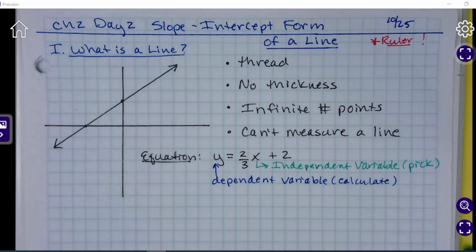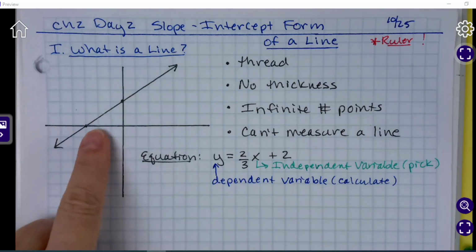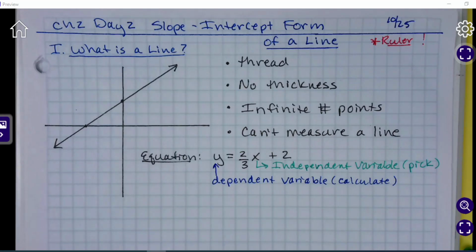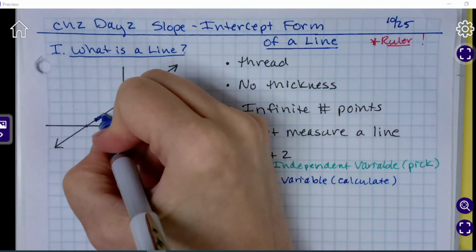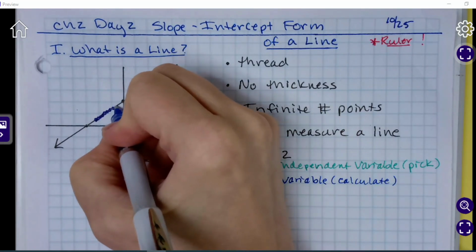That is a little bit like what a line is. When you look at it, it looks like a solid line, but just like Hands Across America, it's not. It's actually a whole bunch of dots, like a whole bunch of people, standing so close together that you can't actually see between them. So really, a line is a whole bunch of points squooshed together.